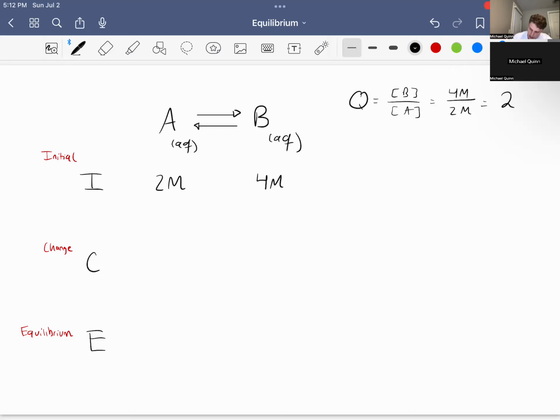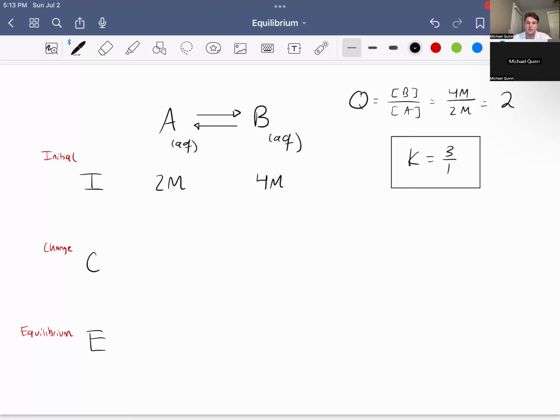Let's call K 3. So K will be equal to 3 over 1. So this will be our K value, meaning that at equilibrium, we should see 3 times as much B as A. So let's go through and solve this ice table.